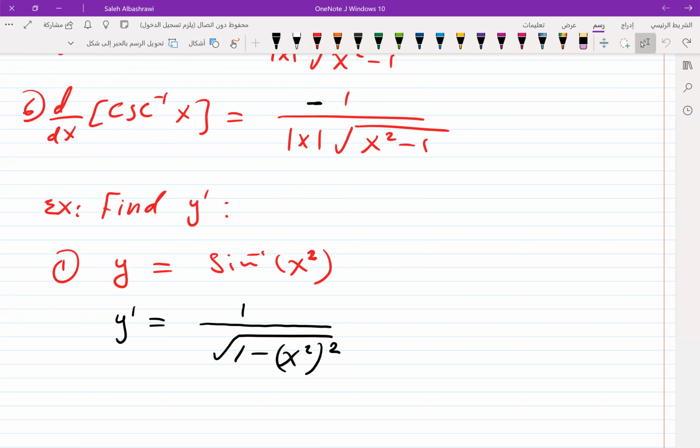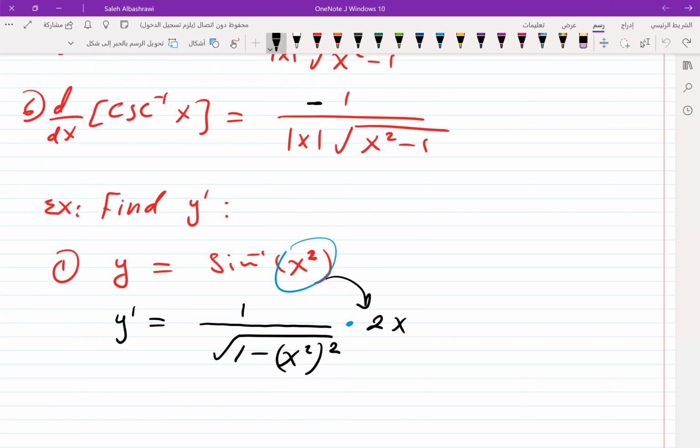But also, we have to be careful about one thing. We have now x squared as angle, so we have to find the derivative of the angle by the chain rule. The derivative for x squared will give me 2x.